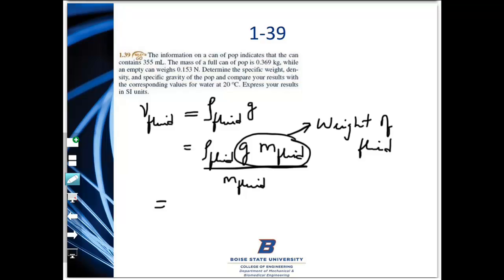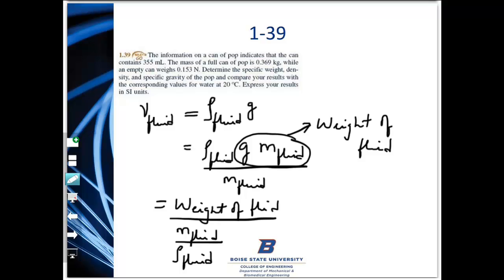And then you can further simplify this. So weight of fluid, and then I'm going to take this density of the fluid into the denominator. Well, so that's what you got, but you also know that density of the fluid is actually defined as mass of the fluid divided by the volume of the fluid.